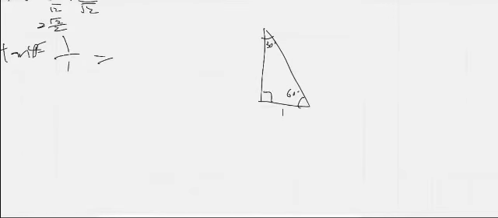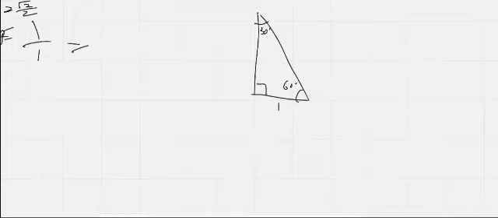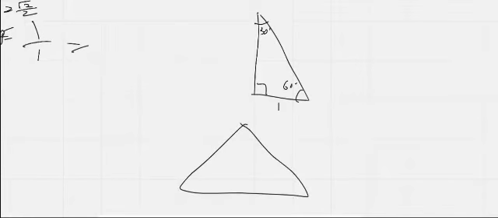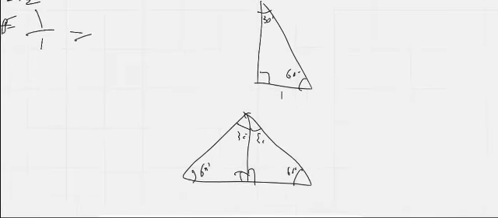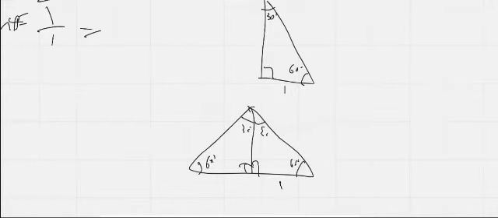However, if I make another triangle like this, with 60 and 60 and 30 and 30, and these are the right angles, you will notice that this is actually an equilateral triangle, which means that all of the sides will be equal.